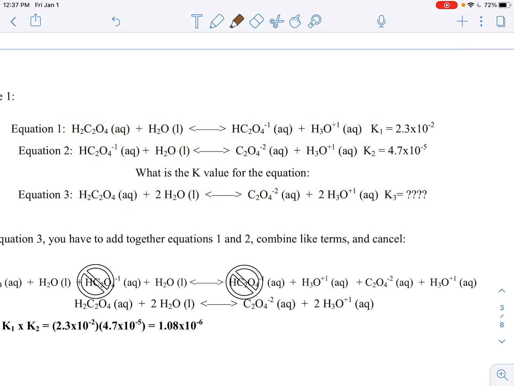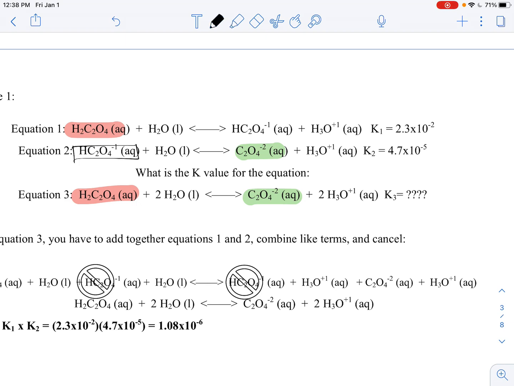Here's equation 2 here, and we want to get equation 3 here. So what are we going to have to do? Well, equation 1 is this, and I want to keep that. And we're then going to keep the C2O4 here. So that looks good. So it looks like all I have to do is add these two equations together.